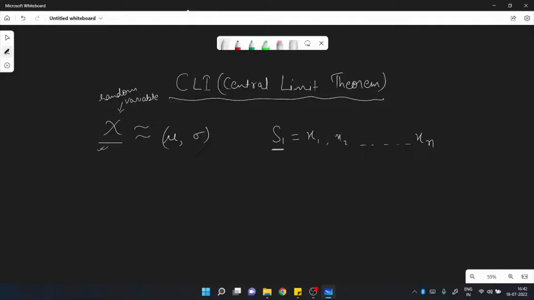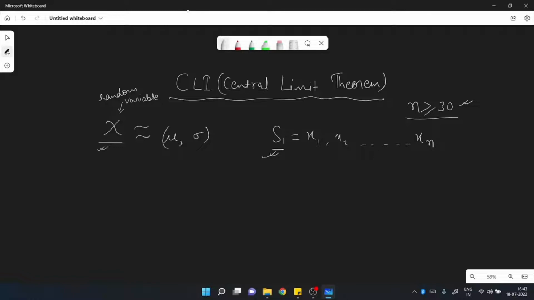This n could be any number, but you have to take care that n should not be less than 30. It should always be greater than or equal to 30. Your sample data should contain at least 30 data points.